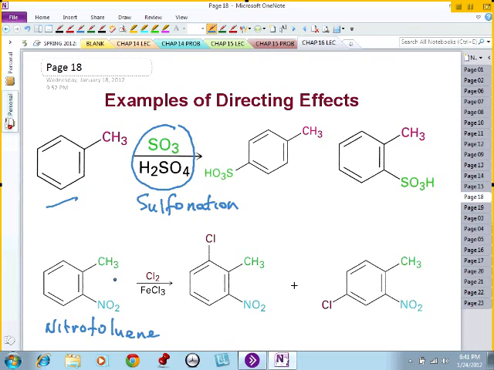In this case, the position of the incoming group will be directed by which group? Which one? The methyl group, exactly. Very good. So you have here the chlorine in the ortho position right here, and this other chlorine is in the para position relative to the methyl group. Okay.